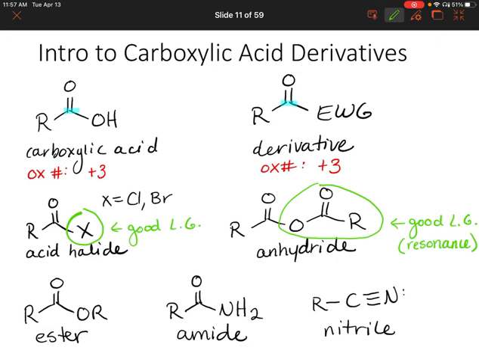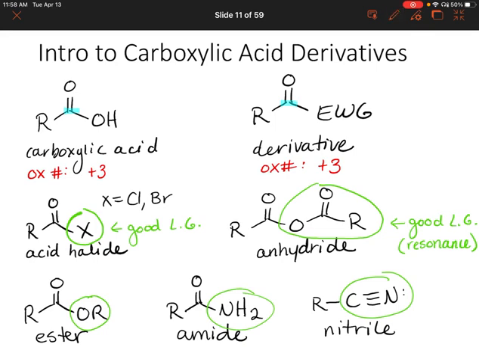But that's also going to affect the reactivity of all of our derivatives. So even if we look at our other groups down here, the reactivity is going to decrease with our groups here. So the reactivity of the acid halide is greater than the anhydride, which is greater than the ester, the amide, then the nitrile. But we'll talk about reactivity in the next lecture.